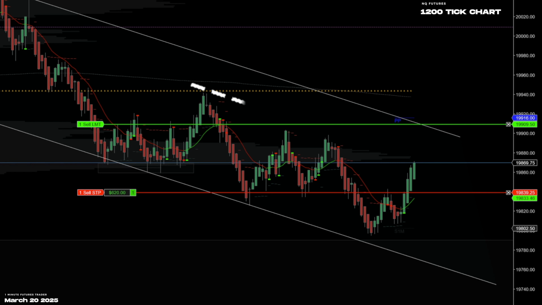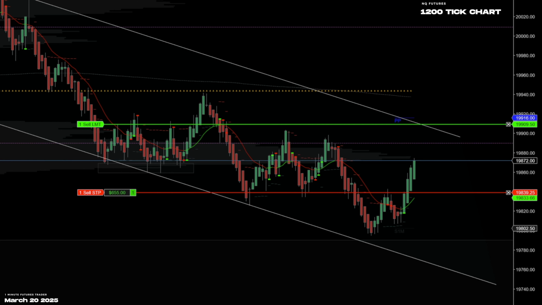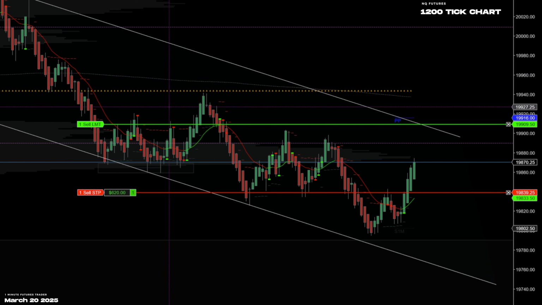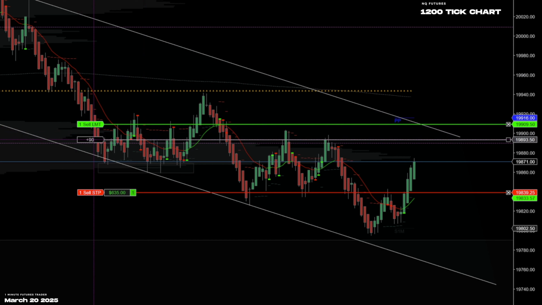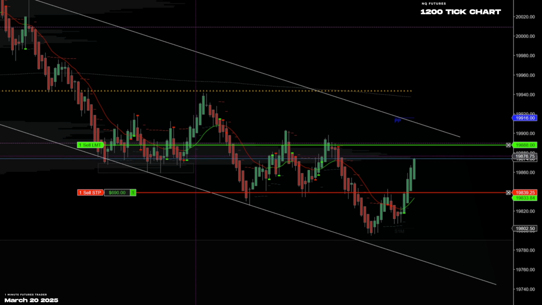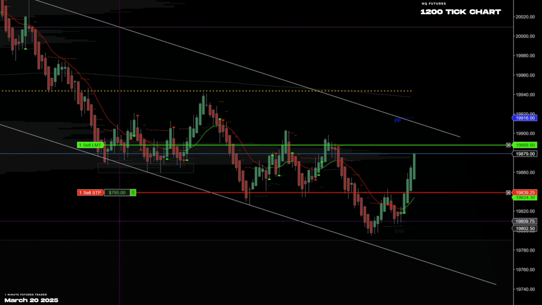So this can be a place where buyers need to go through to test the prior swing level and upper channel level, but they need to go through that point of control high volume node here. If I don't see a strong bar going through that, then I may be thinking of taking my other position off somewhere there.